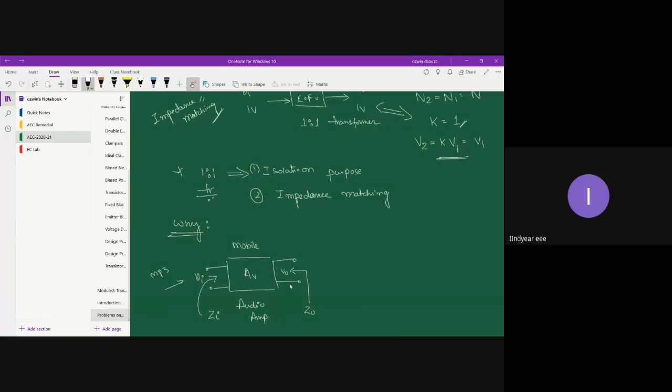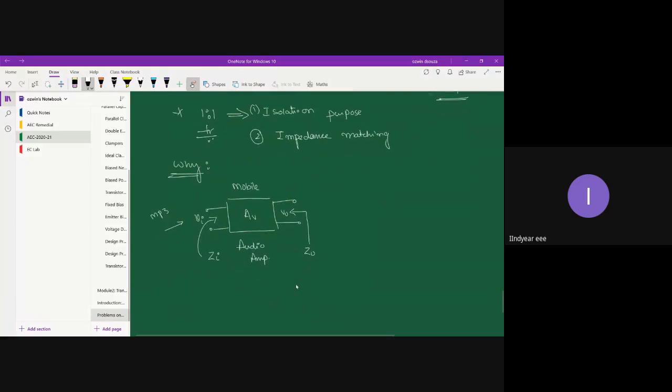Now, in the previous class, you have studied different amplifiers, right? You had studied voltage divider bias based amplifier, emitter bias amplifier, etc. Now, this output impedance for a typical audio amplifier generally varies. So this Z0 normally comes as RC divided by RE, and generally this ratio comes in kilo ohms.